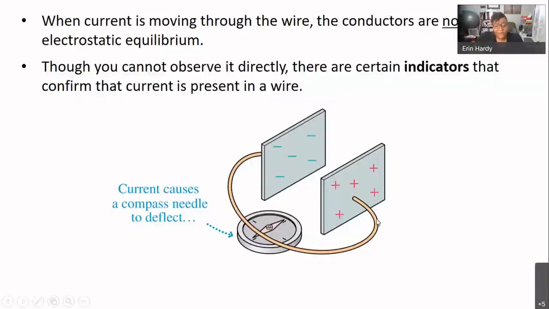So in the absence of an ammeter, if you had a compass needle, you could tell whether there was current in this wire or not. It would be a little trickier to figure out the direction of the current in that wire, but not impossible. And then another indicator that you could use is the actual temperature of the wire.